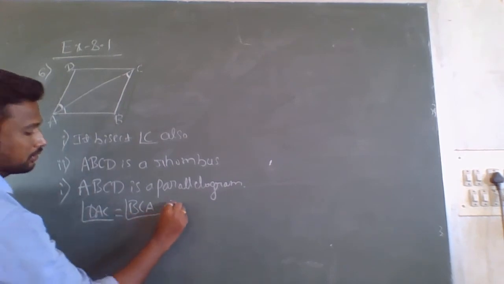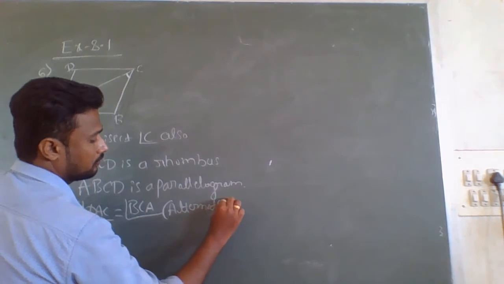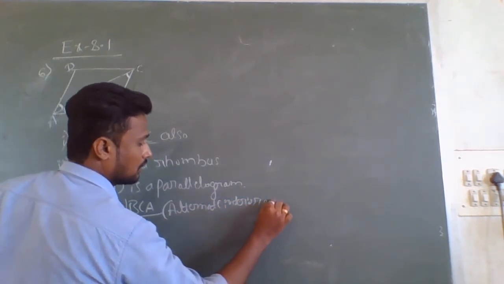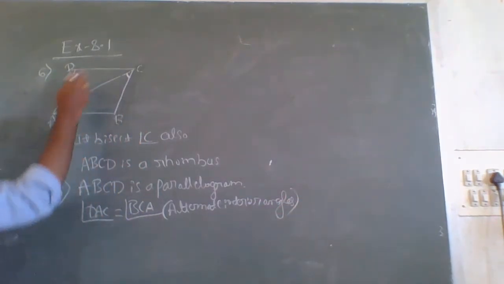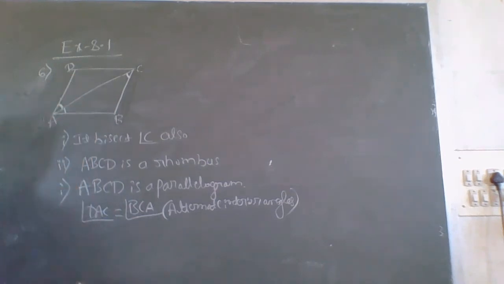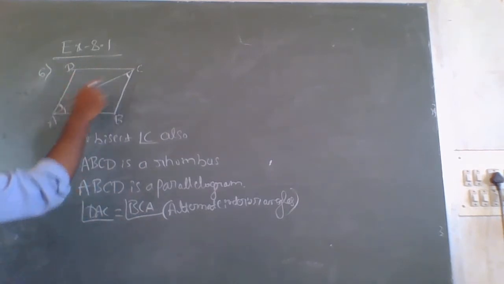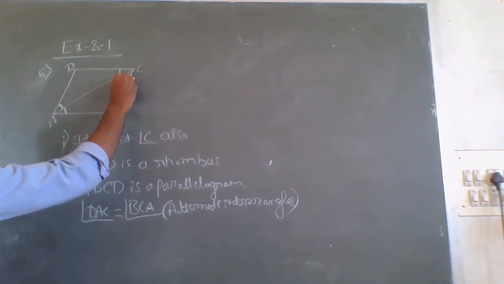Why? Because these two are alternate interior angles. We know this is a parallelogram, therefore opposite sides are parallel to each other, so AB is parallel to CD and AC is the intersecting line. Therefore these two alternate interior angles are equal.